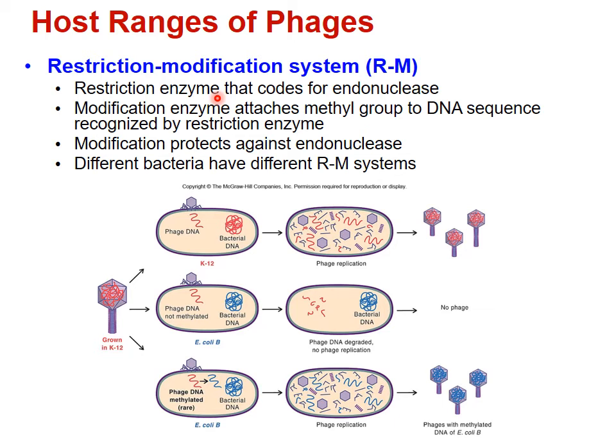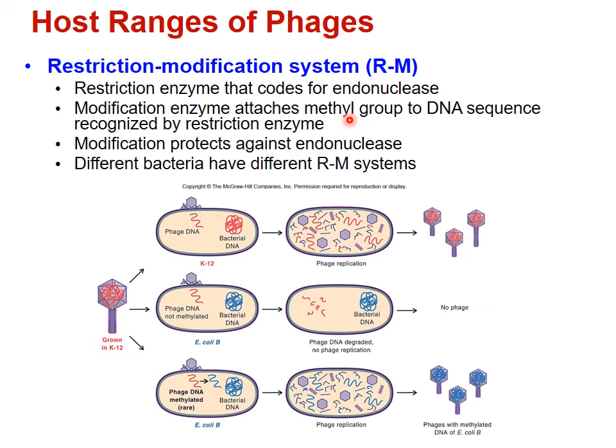But usually in the same operon, there's another gene, which is a methylase, called a modification enzyme. This attaches a methyl group to the DNA sequence that is recognized by the restriction enzyme. So they recognize the same exact site, but the modification enzyme puts a methyl group somewhere in the recognized sequence. This alters the interactions between the DNA and the endonuclease, preventing the endonuclease from cutting the DNA.